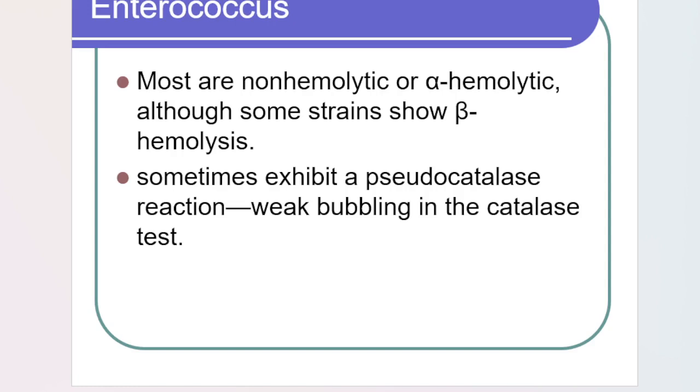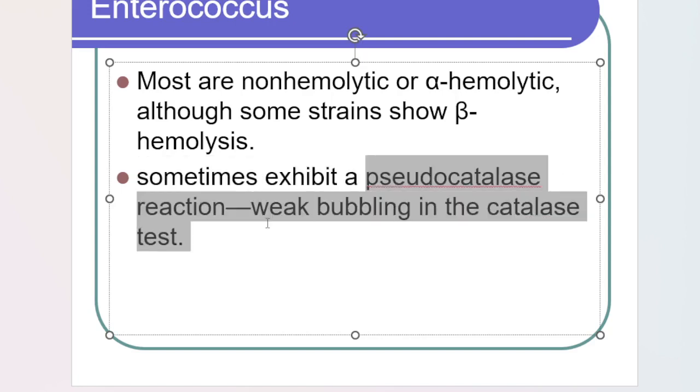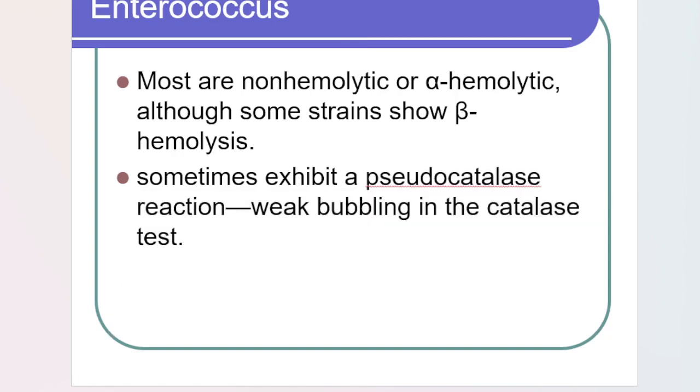Most are non-hemolytic, but others may show alpha or beta hemolysis. They may also exhibit a pseudo-catalase reaction. There is bubble formation after the catalase test, but it is very weak. If it is like that, consider it negative, because if it is really catalase positive, the reaction should be very prominent.